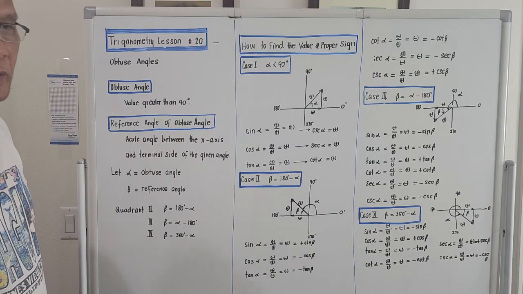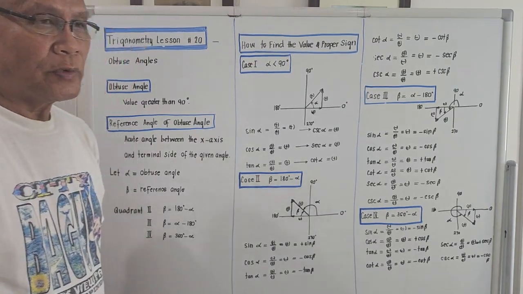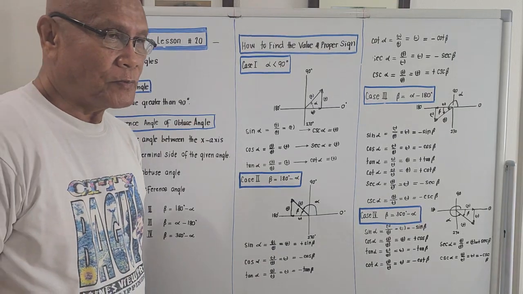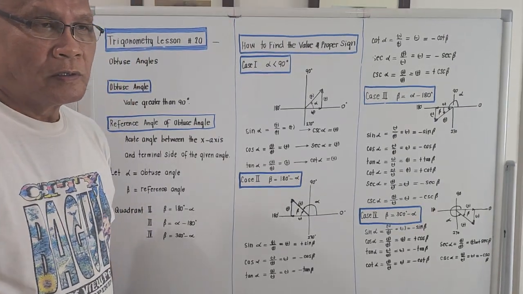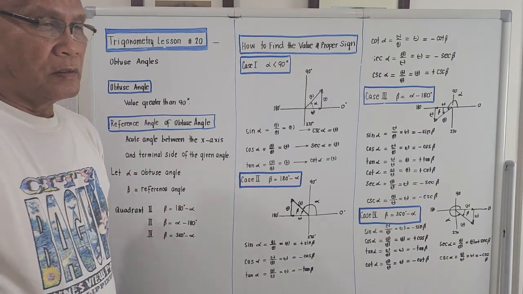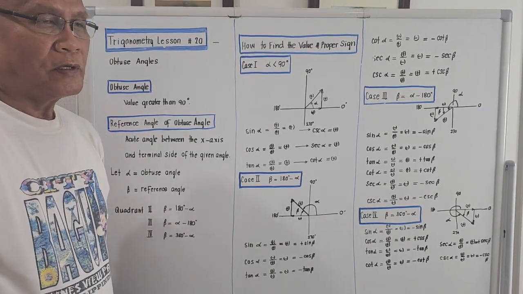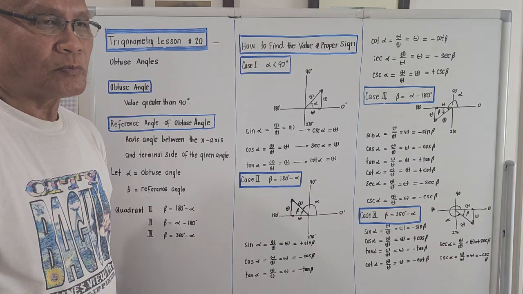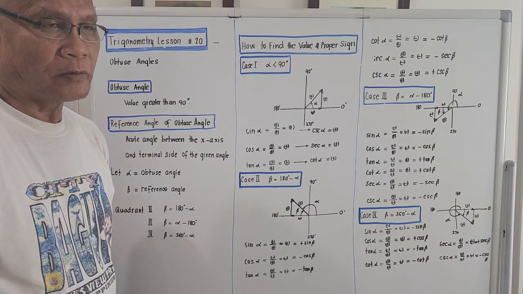We are done with the study of angles, and we are done with the so-called study of acute angles. So for tonight, we'll be discussing obtuse angles, how to get its value, and how to bring out the proper sign.